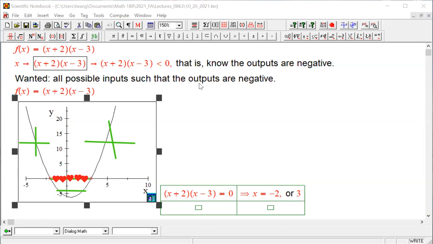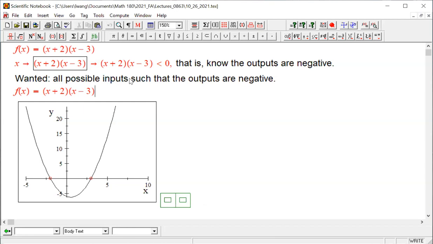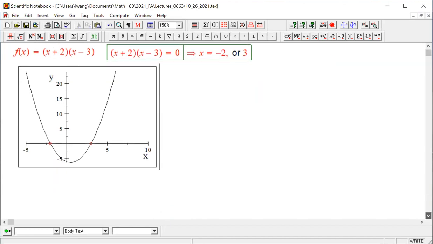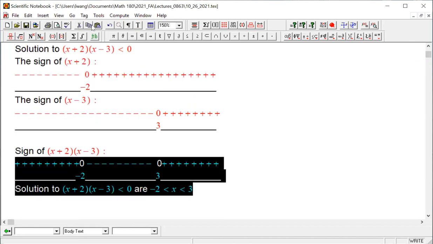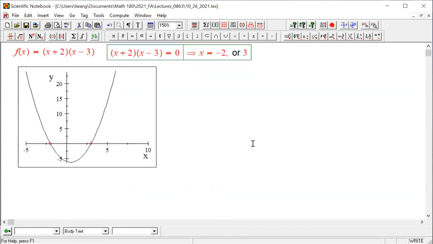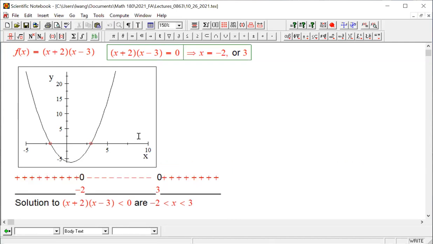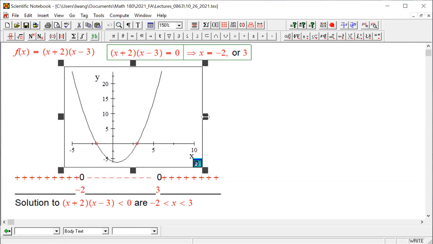If I bring the picture that we did yesterday over next to the picture we just did, the picture we worked out yesterday, near the end, is this.